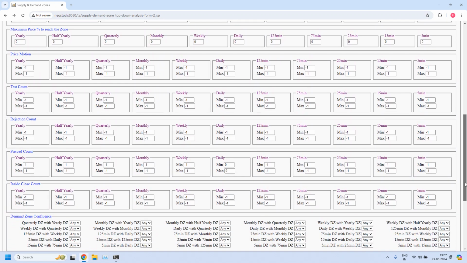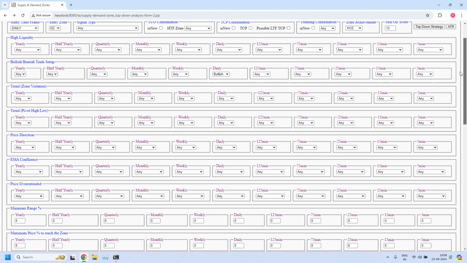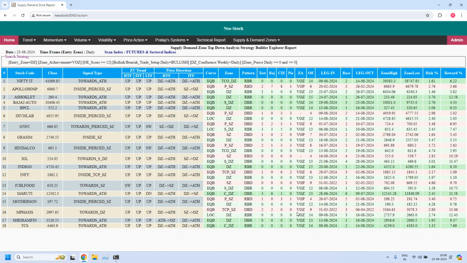Which ITF? Demand zone confluence. Our entry time frame is daily. So the daily demand zone is having weekly confluence. First we will filter, then weekly EMA confluence, let's verify. Anyway, the weekly trend is uptrend. See, 18 stocks are filtered.